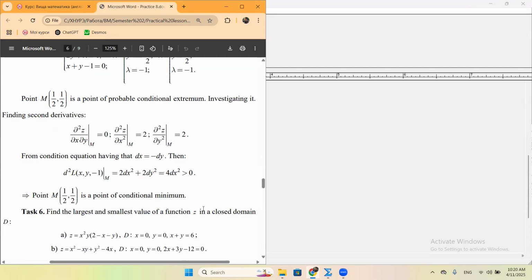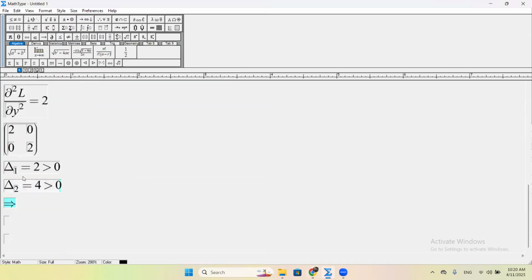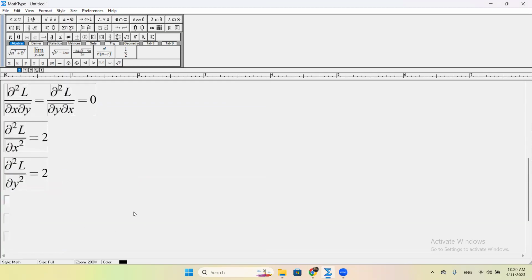Here will be another way of solution. We need to write down the second differential of the Lagrange function at that point. So d2L will be equal, at point M.